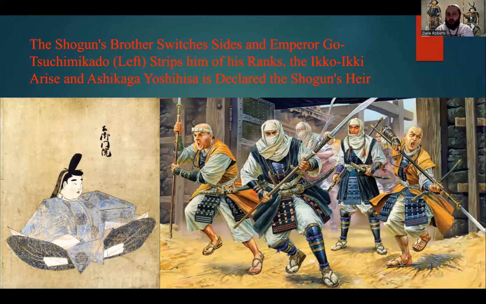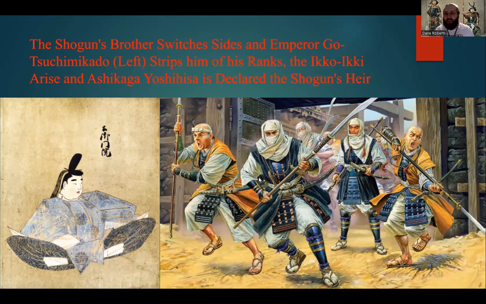This also saw the rise of certain militia groups and guerrilla warfare groups known as the Ikko-ikki, several large rebel groups who were sponsored by Buddhist sects and Buddhist temples, which you can see very clearly here in the Buddhist garb worn by several Ikko-ikki warriors.